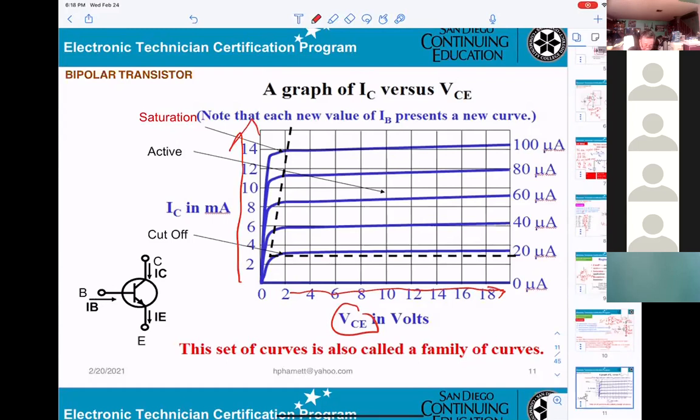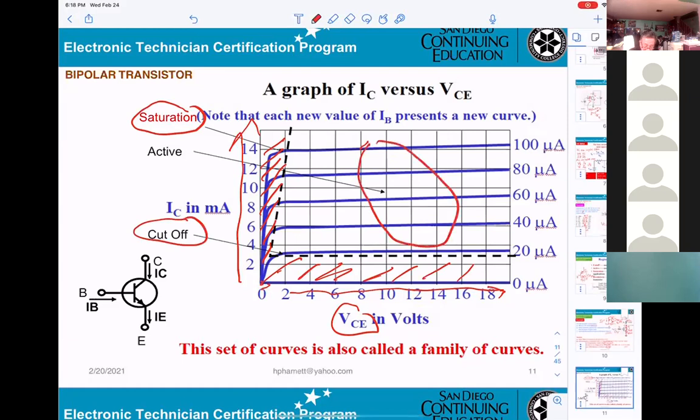Basically, it can display three things. First, the area here they call the saturation region. The one in the middle is cutoff, and anything in here they call active.